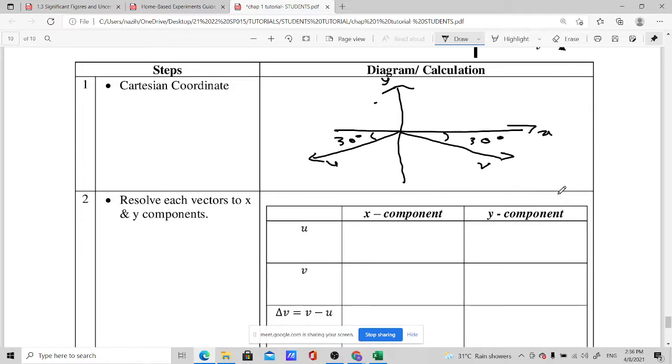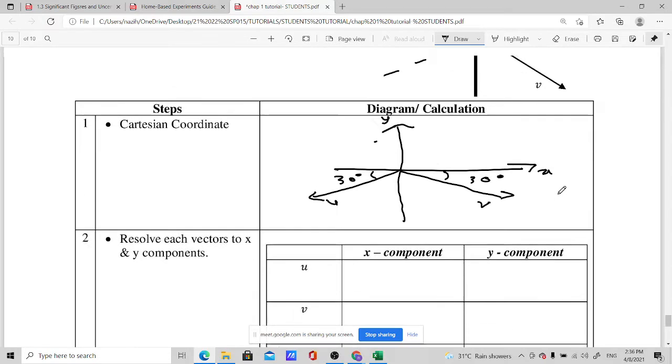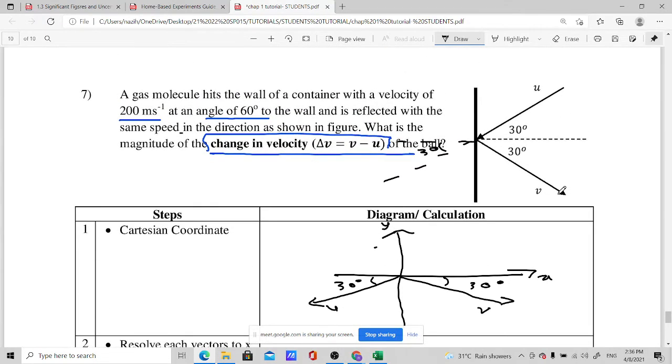Next, resolve each vector into x and y components. Before that, you need to know that it says here same speed. So u would be 200 m s^-1. V also would be 200 m s^-1 because it is mentioned reflected with the same speed.